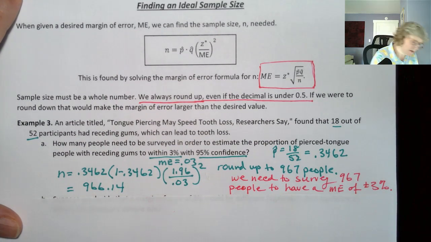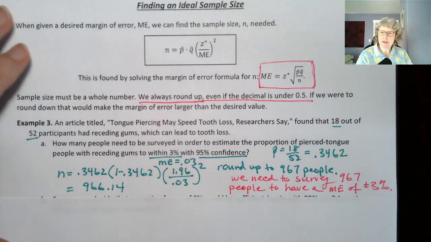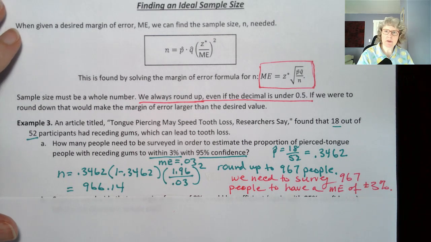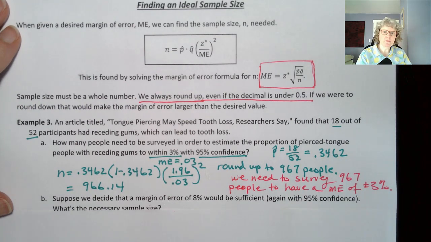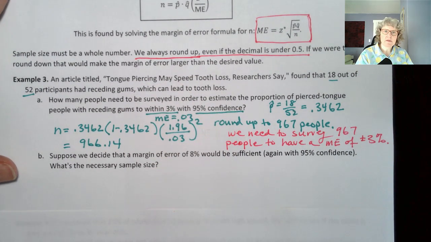Okay, and remember the 3% is optional. It's kind of understood that that goes with the margin of error, but if it helps you to write that and remember that, that's totally fine. Great, so that's one example.